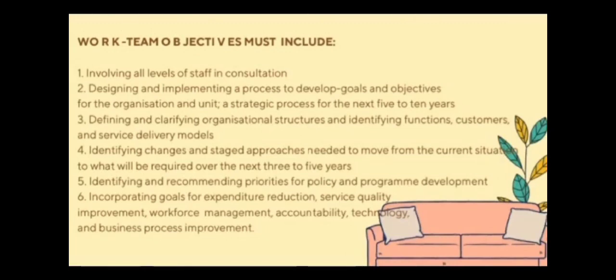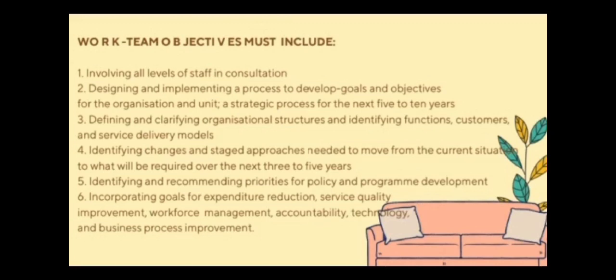Work teams' objectives must include involving all levels of staff in consultation. Designing and implementing a process to develop goals and objectives for the organization and unit. A strategic process for the next 5 to 10 years. Defining and clarifying organizational structures and identifying function, customers, and service delivery models.